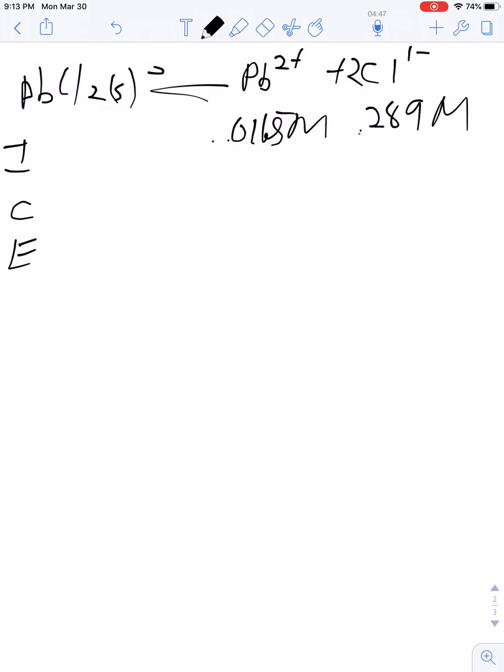So we already said we are going to shift left. So I'm going to lose this, gain this. Now, how you define x is up to you. But if I'm losing x of this, I would lose half as much as this, because the ratio is 1 to 2, okay?